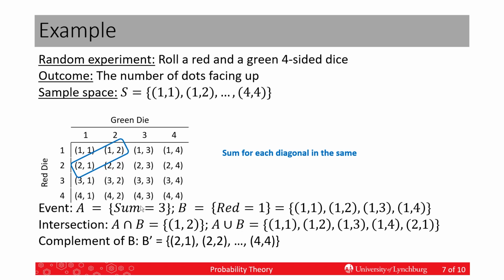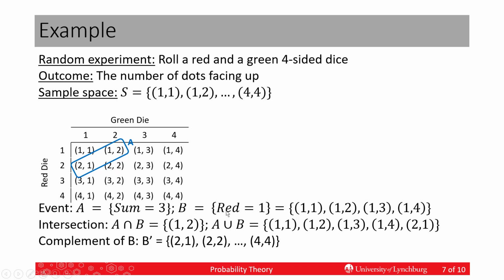So here we're going back to our experiment before, and again, now I've redefined event A. Here the sum of each diagonal is the same. As I said, it's true also if you have two six-sided dice. So let's look at A. A is the sum equal to 3, and that happens along this diagonal, 1 and 2, and 2 and 1.